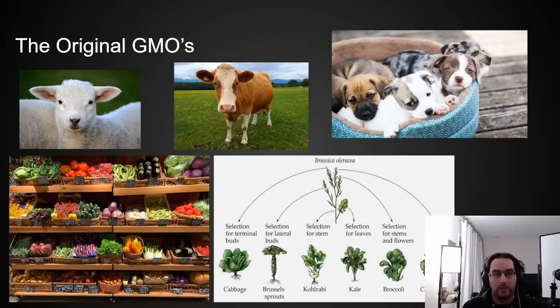So kale was selected for leaves, whereas Brussels sprouts were selected for lateral buds. And just by selection and selection and selection, you end up with something that is much more food-like. Because the things in nature are not good food. Not for humans, anyway.